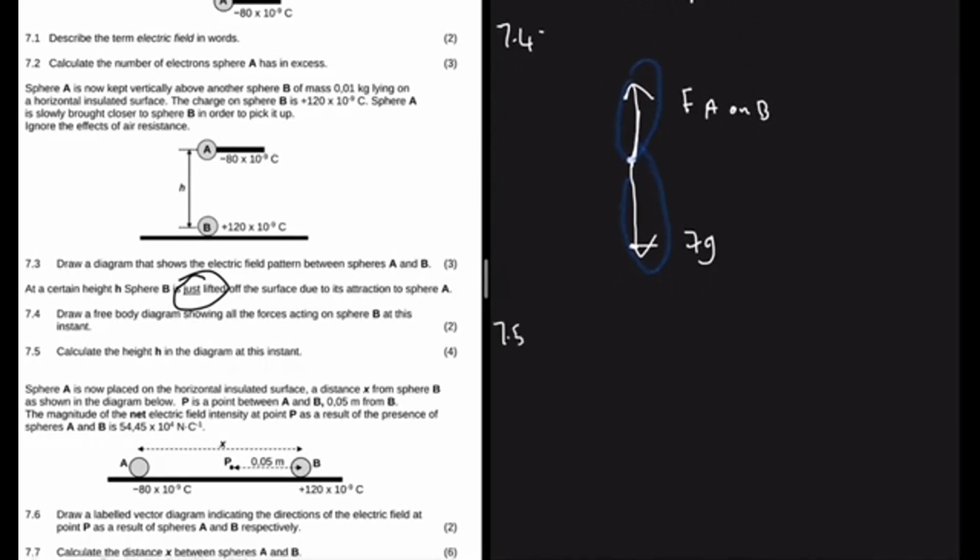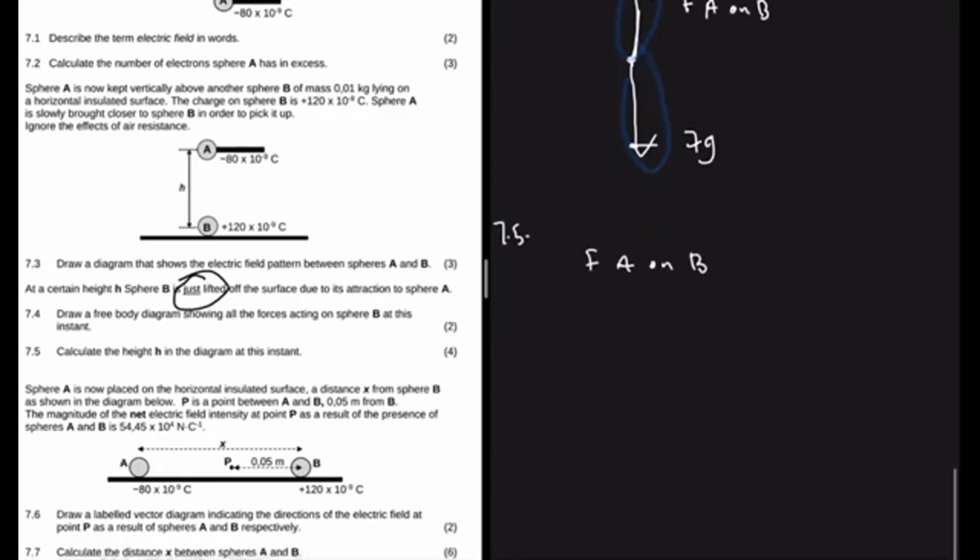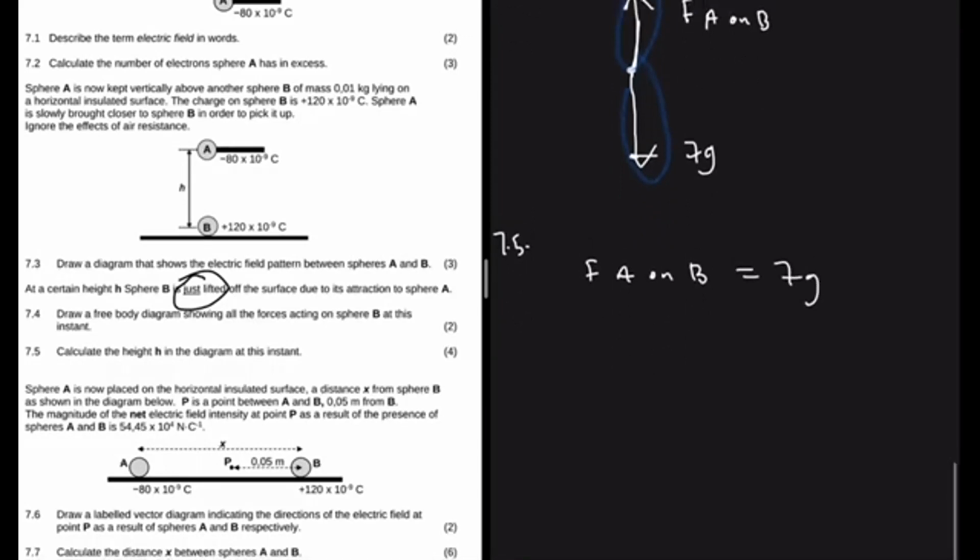And then 7.5 says calculate the height h in the diagram at this instance, right? So we're definitely going to use the free body diagram of sphere B, because that's the only information we have. So we're going to say that FA on B is equal to FG. FA on B will be k Q1 Q2 divided by r squared, and FG will be the mass multiplied by the gravity.